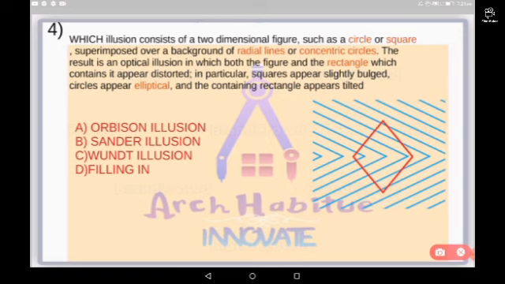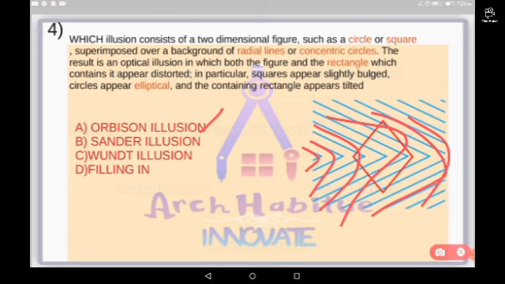Nobody has provided any shades or shadows to make it feel like a three-dimensional figure, but the curves or radiating lines make it appear a little distorted and also a little bulged, giving three-dimensionality. This effect or illusion is known as the Orbison illusion. Okay, Orbison illusion. This is a new word for you.